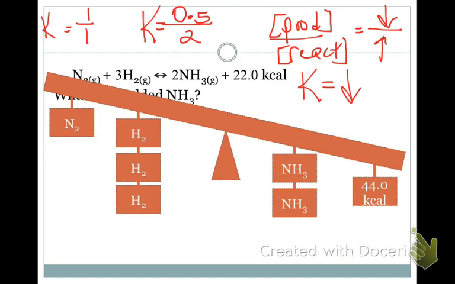So 1/2 divided by 2 ends up being 0.25. Again, I'm just throwing random numbers in here to show that the products went down and the reactants went up. I used 1 initially just because they're easy numbers. So the initial conditions, on the left, K was equal to 1. When I changed stuff up, K was equal to 0.25. That shows you that K ends up decreasing.